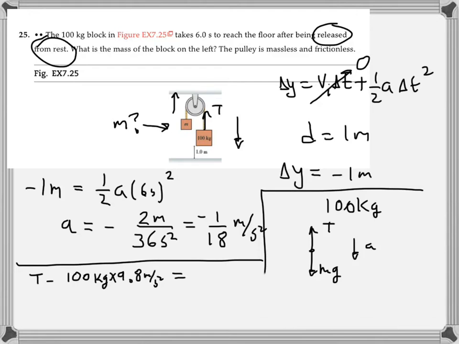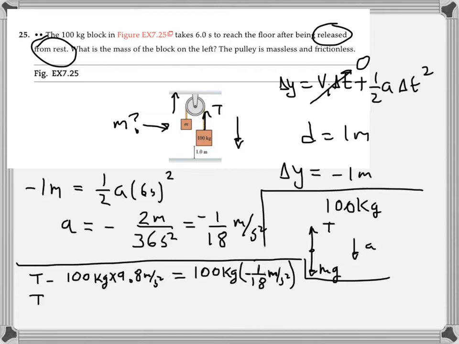The sum of them equals the mass, 100 kilograms, times the acceleration, which is minus 1/18 meters per second squared. All right, so from this equation, I'm going to calculate the tension.